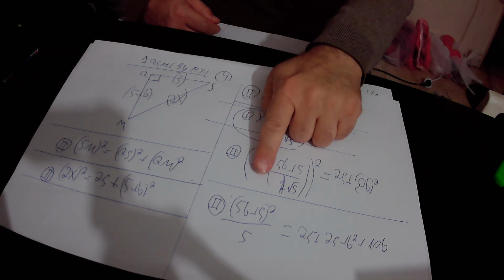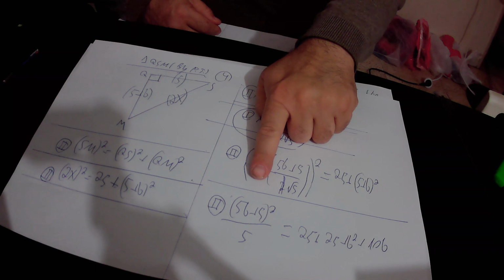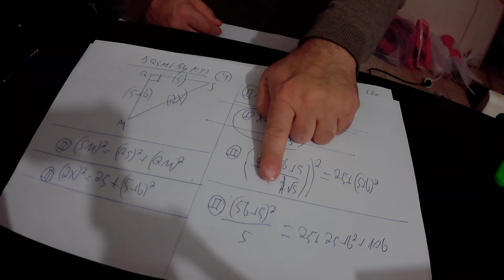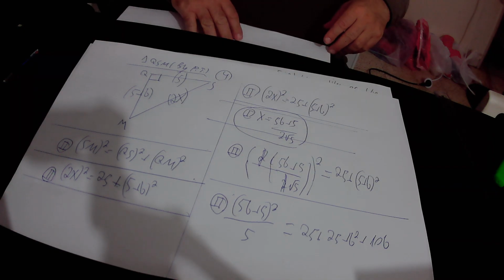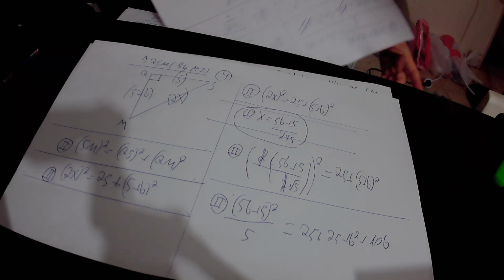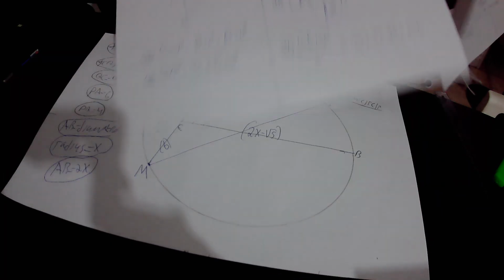Then we open the brackets on this side of equation number 2. (5b plus 5) squared equals (5b) squared, that is 25b squared, plus 5 squared, that is 25, plus 2 times 5b times 5, that is 50b, all divided by 5.